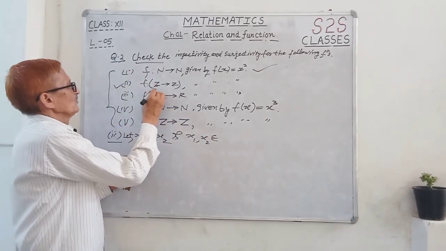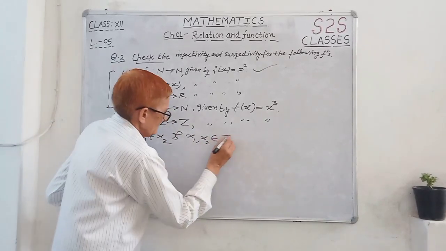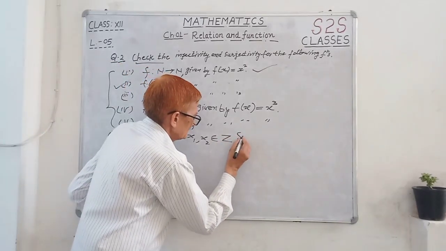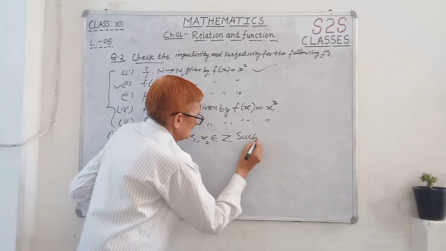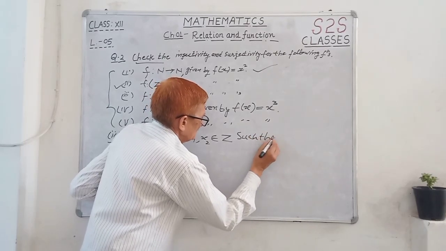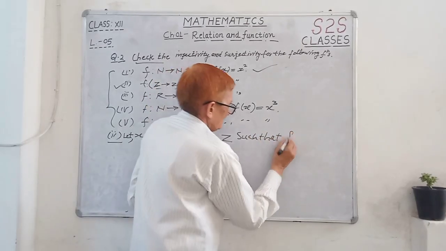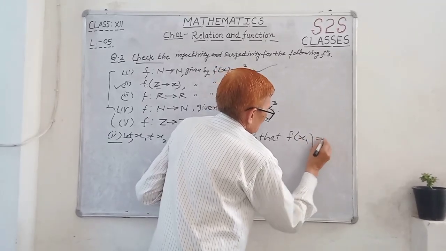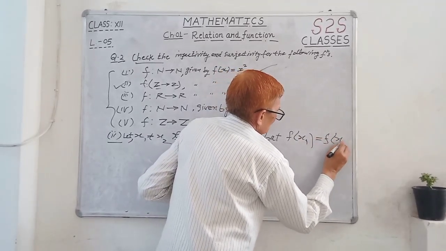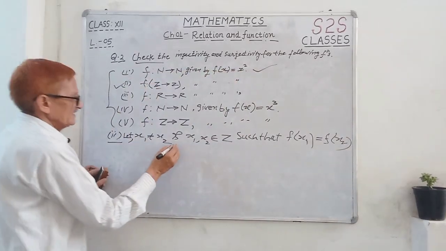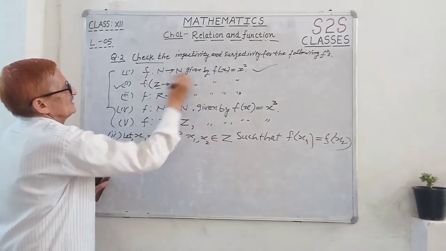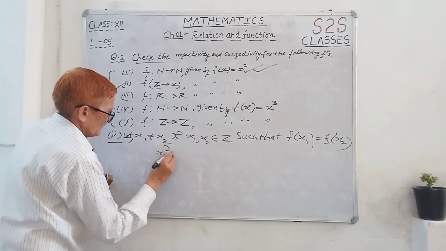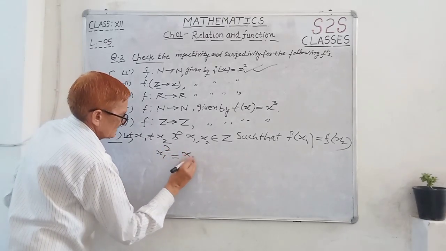For the second part, the domain is integers, such that function value at x1 is equal to function value at x2, and x1, x2 are integers. So for f(x) equal to x square, x1 square is equal to x2 square.